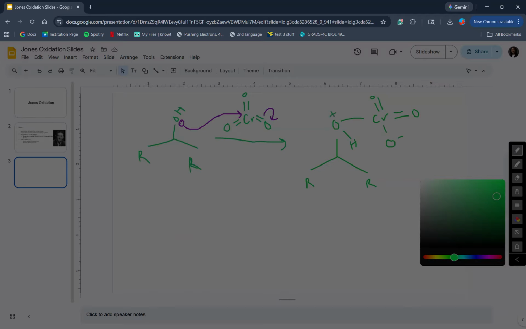Okay, so our next step is we're going to move some things around because this is pretty unstable. So this negative charge from the oxygen is going to attack the hydrogen here, and this bond from the hydrogen is going to move up onto that oxygen. So from there, we're going to have a little bit of a different looking structure. Like before, we have our two R groups.